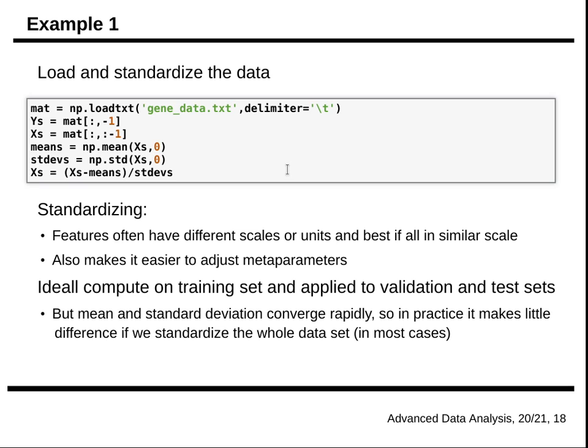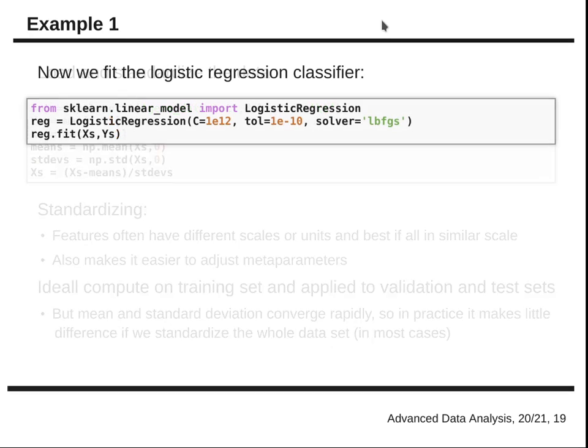But for these problems here, we'll just assume that this is not a big deal, so we'll just get rid of this step in one go and then use the standardized data.